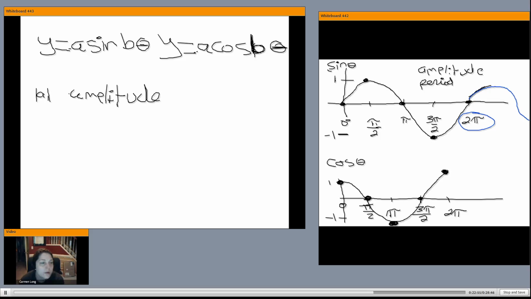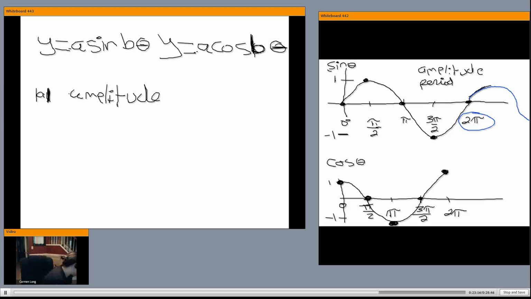So if I had a 4 here, that just tells me instead of going from 1 to -1, I'm going to go from 4 to -4. That's what the A does. It's the amplitude. It tells you how tall the graph is. So it's the absolute value of A. You don't have to worry about the negative. A negative just reflects, just like with transformations any other time.